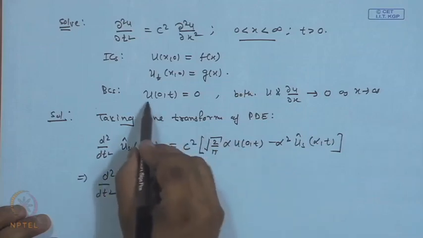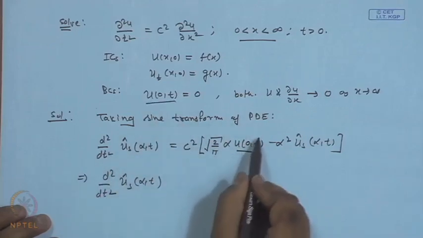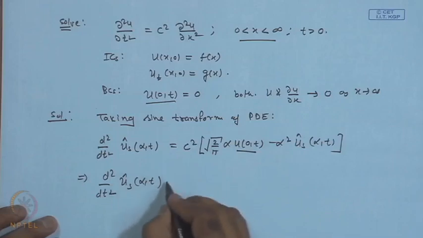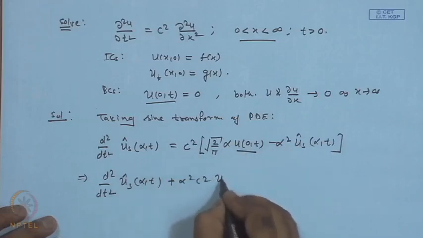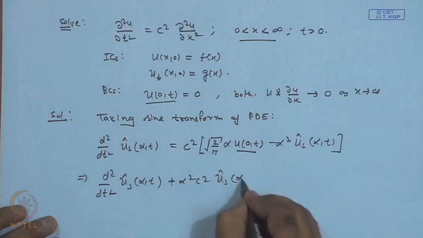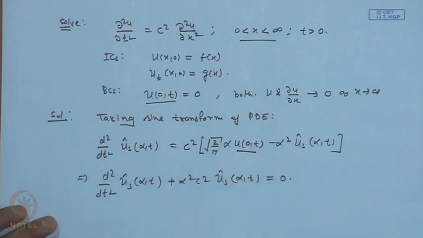And u(0,t) is given 0, so this term will disappear and this will come to the left hand side. This is d2 u_s hat over dt square plus alpha square c square u_s hat(alpha, t) is equal to 0.